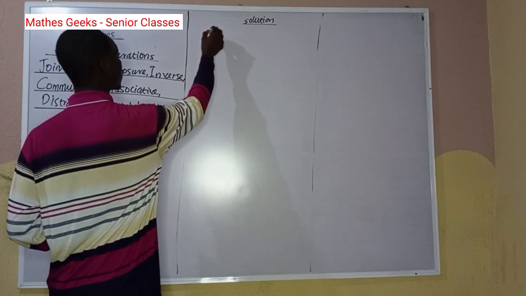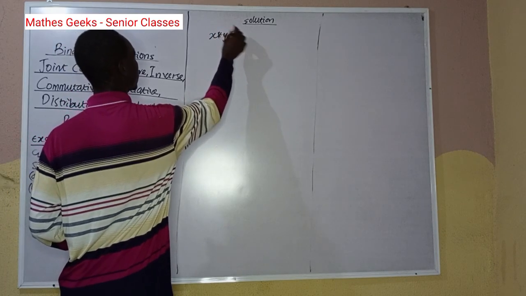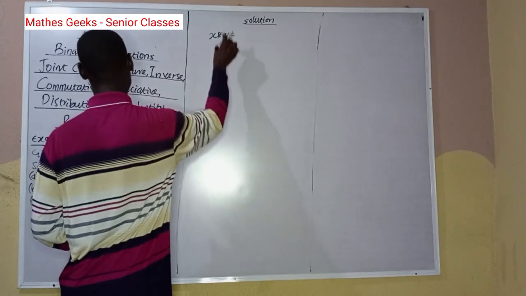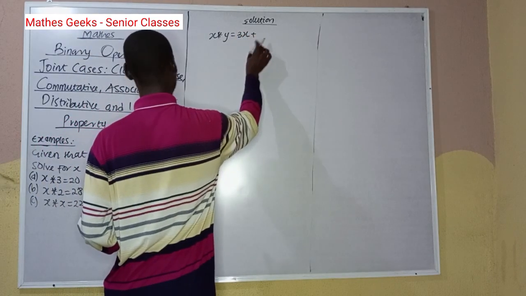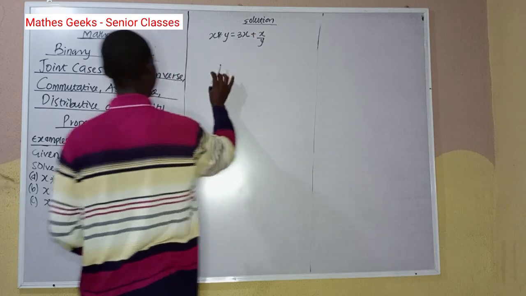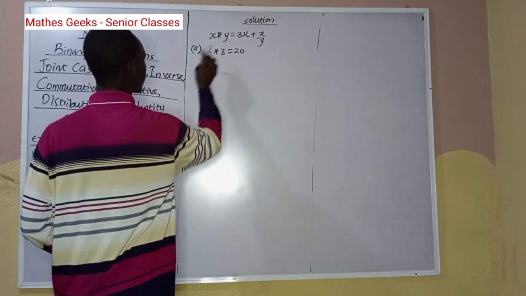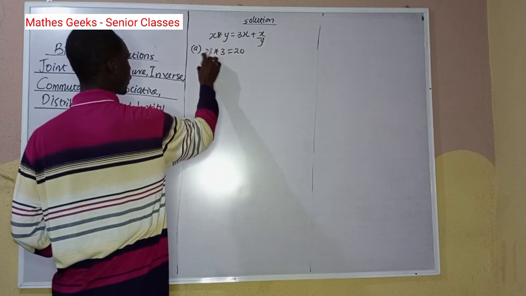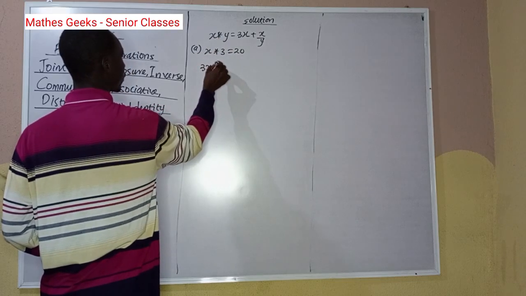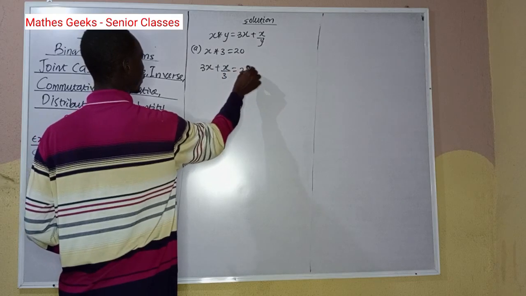So operation x star y is equal to 3x plus x over y. So to solve for x star 3, x star 3 is equal to 20. X star 3 means that y is 3. So that's 3x plus x over 3 is equal to 20.